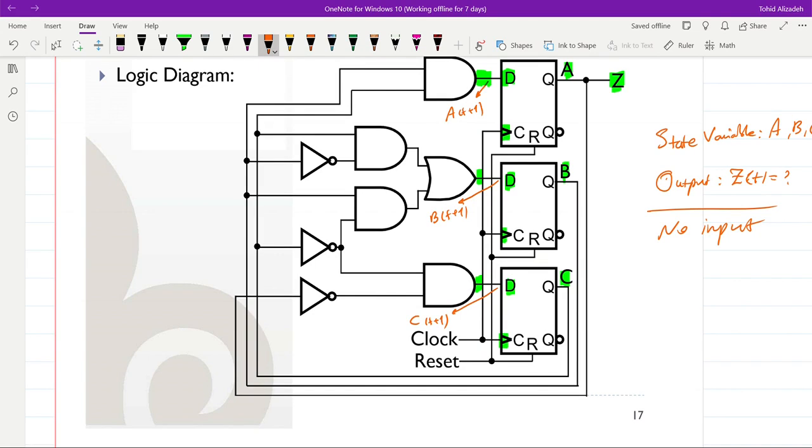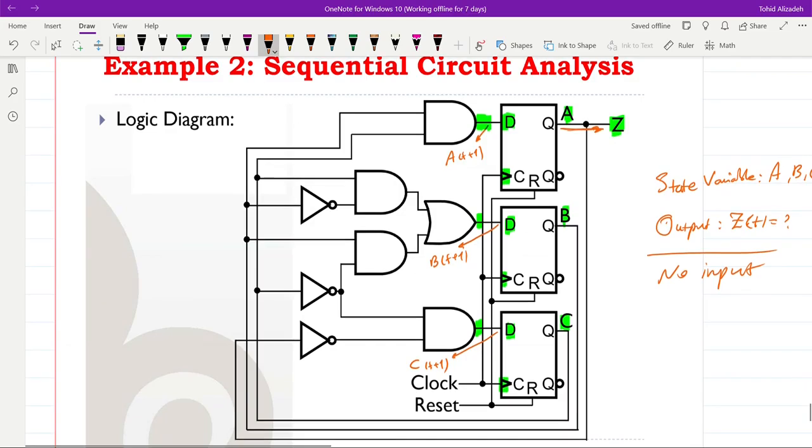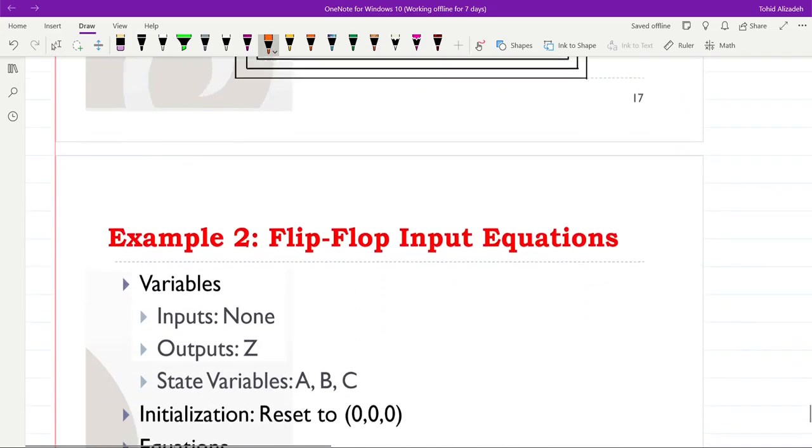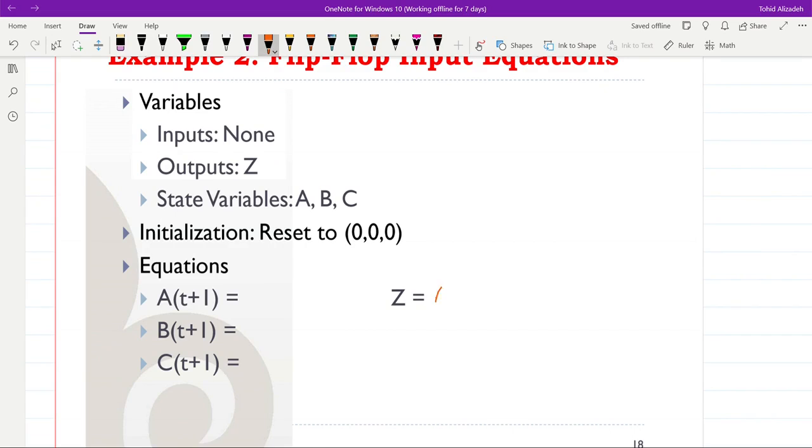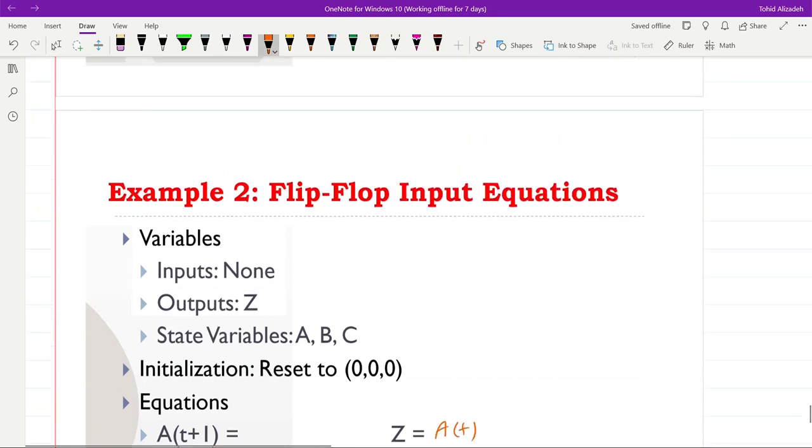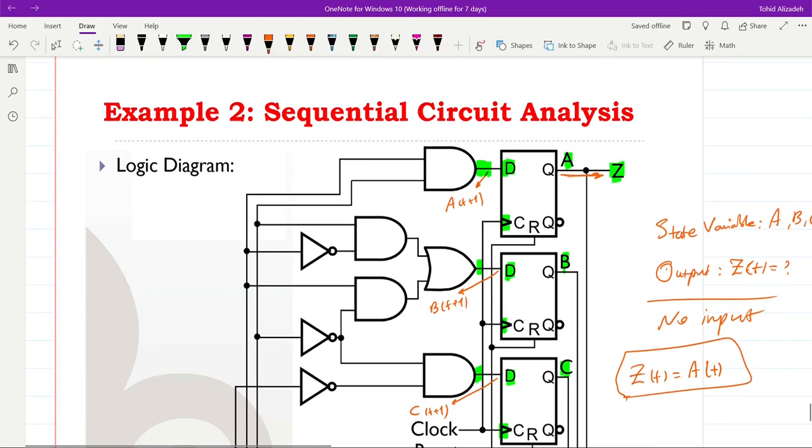We can see that Z is easily determined as Z of t is equal to A at t. That's quite straightforward because it's directly connected to the output of the first flip-flop. Then for A, B, and C at t plus 1, we need to find the expressions. For A at t plus 1, we have an AND of two values.